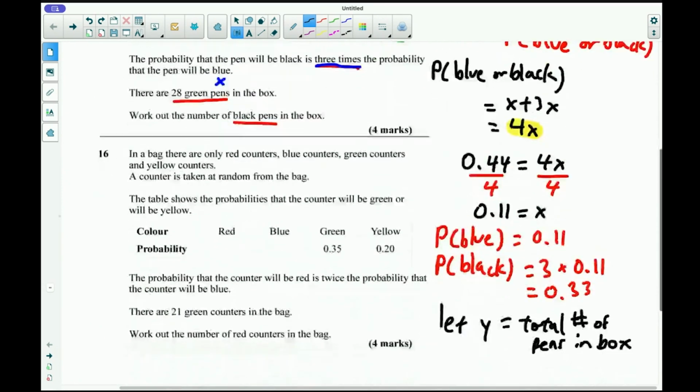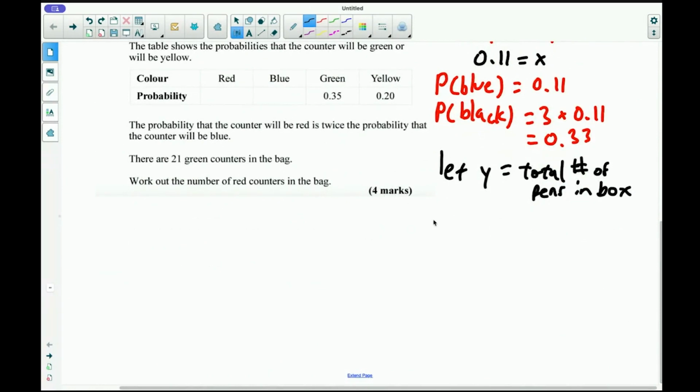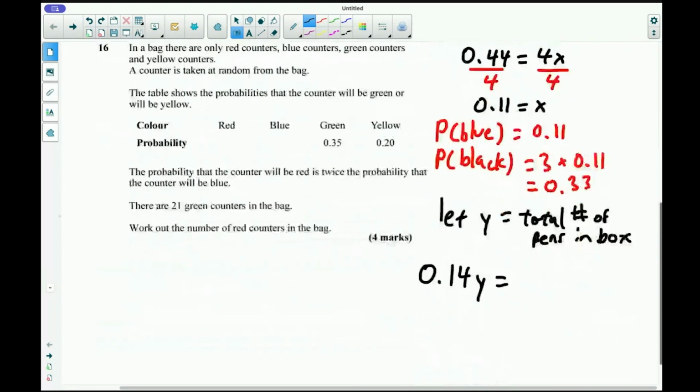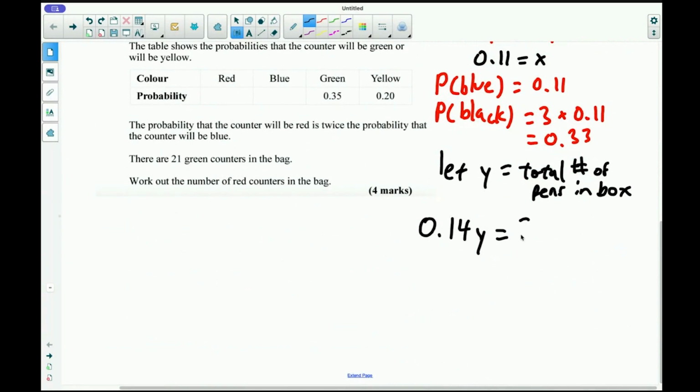So let's go and put that into an equation. We are saying that 14%, or 0.14, of y, and maybe I'll just write it straight out like this, 0.14y has to equal, like we said, the 28 green pens.